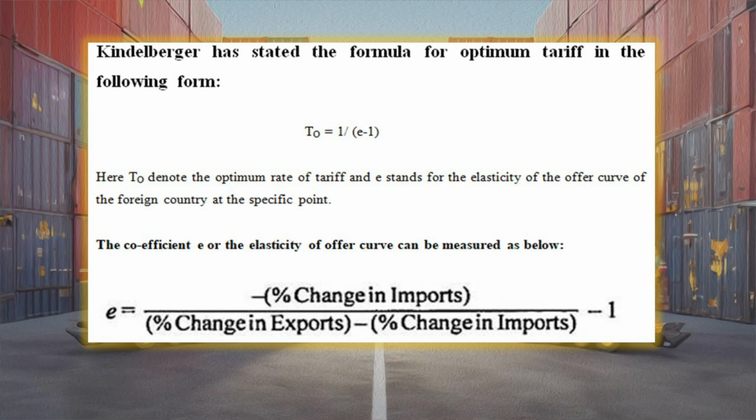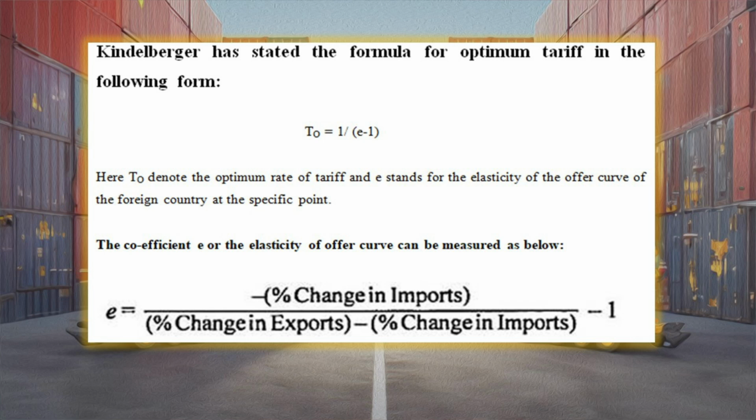As we know, the optimum tariff is determined by taking into account the offer curve and the indifference curve. So here we are taking the elasticity of the offer curve of the foreign country at a specific point of time. The coefficient E, or the elasticity of the offer curve, can be measured as below.